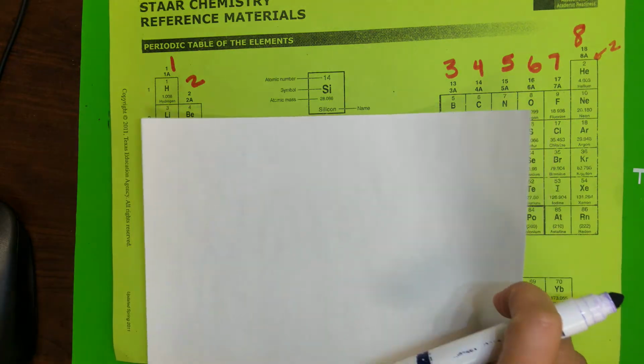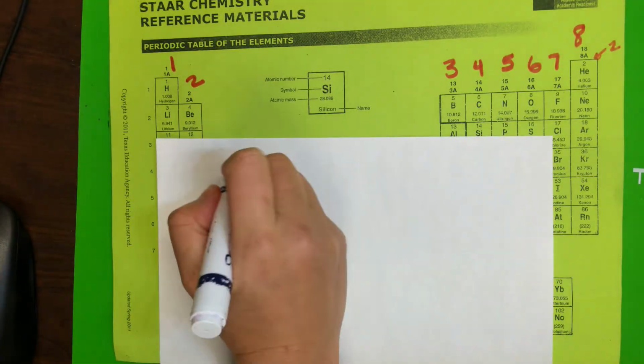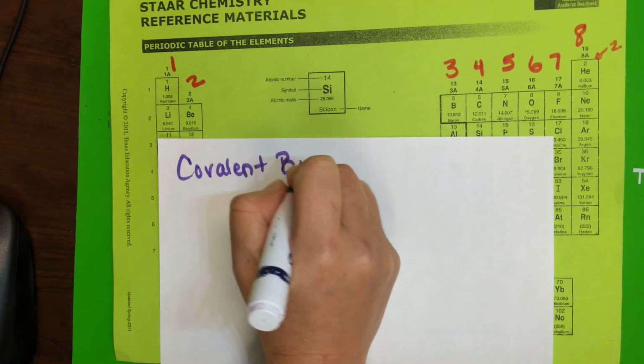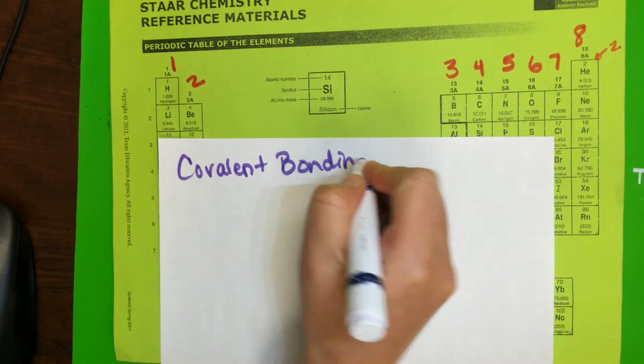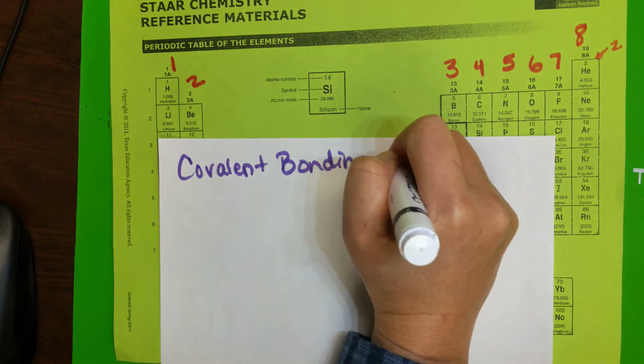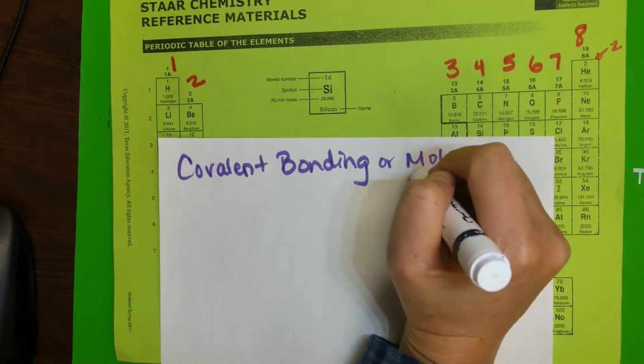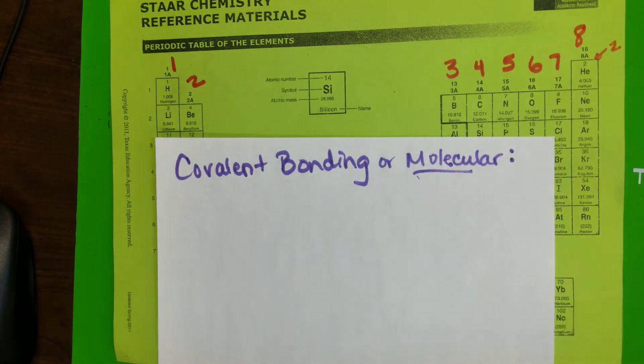With the Lewis dot diagrams, the structures, we're going to start with covalent bonding, or molecular, based on the video that I gave you yesterday as your assignment. All it is, is a non-metal bonding with a non-metal.